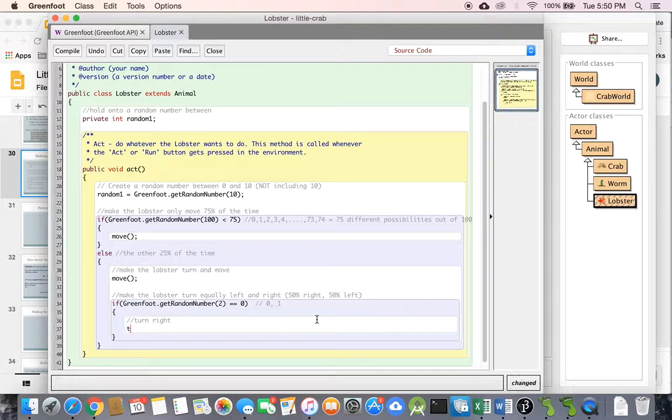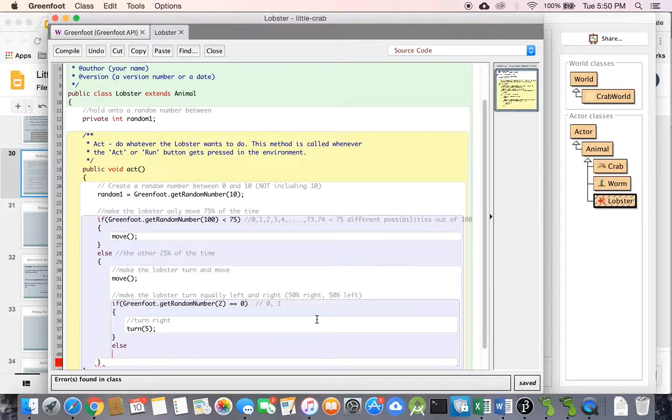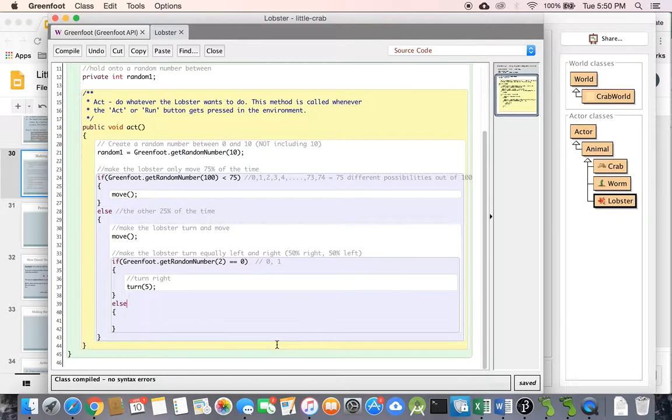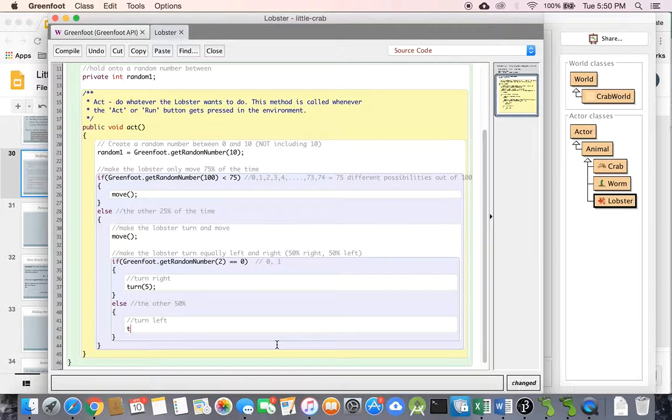And so what we're going to say is turn 5. Else, okay, else is the other 50%, turn left, turn -5.